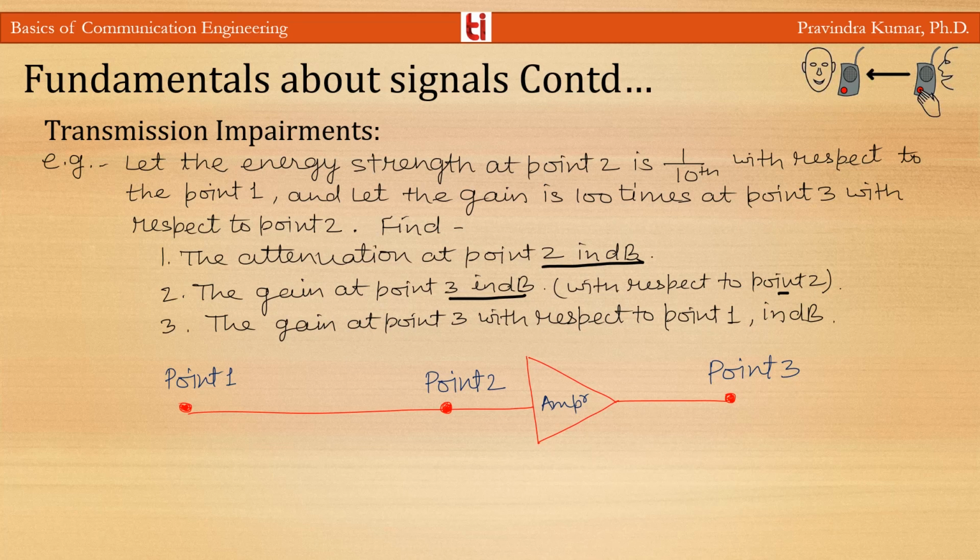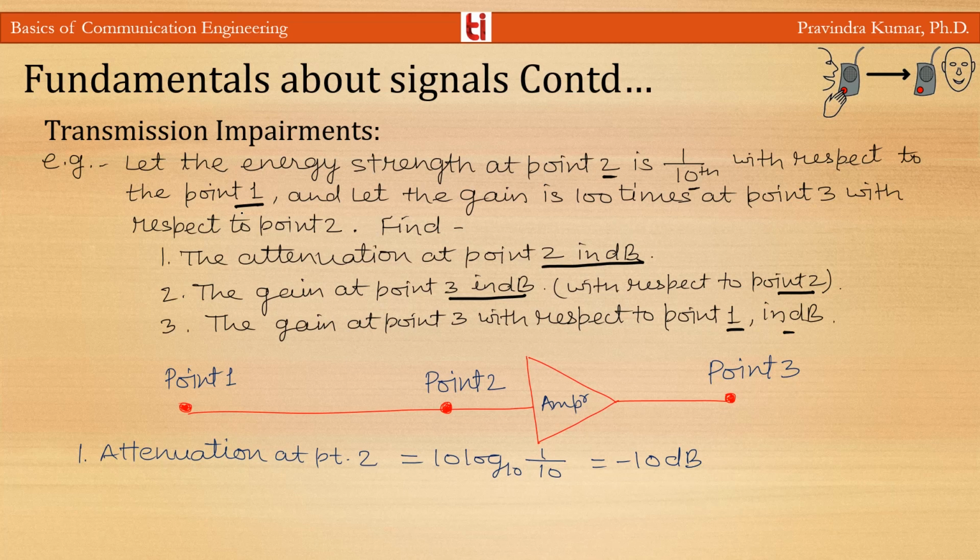So here at point 2 the strength is 1 by 10th with respect to the strength at point 1. So the attenuation at point 2 in dB will be 10 log 10 of 1 by 10, because if the power at point 1 is 10, at point 2 the power is 1.